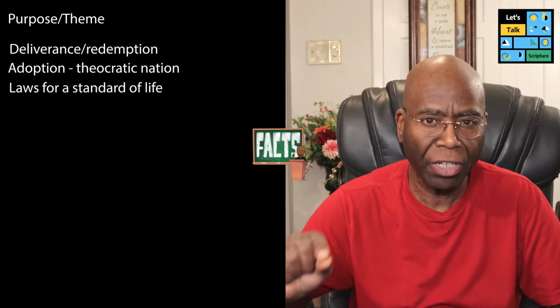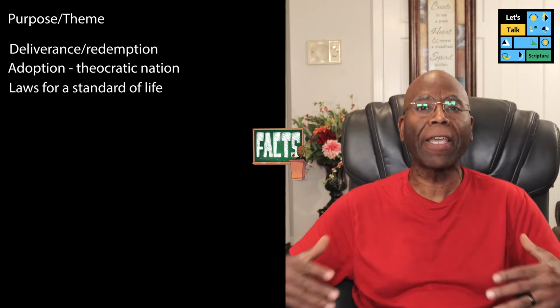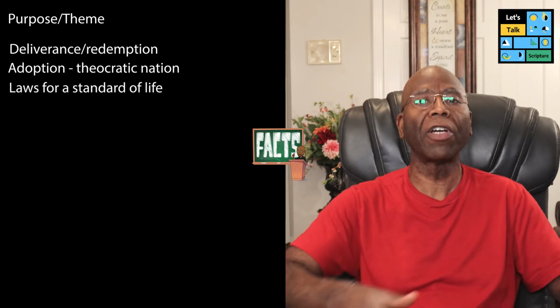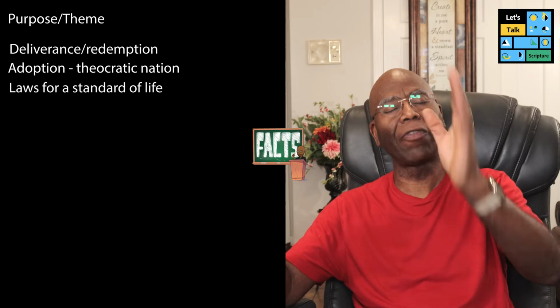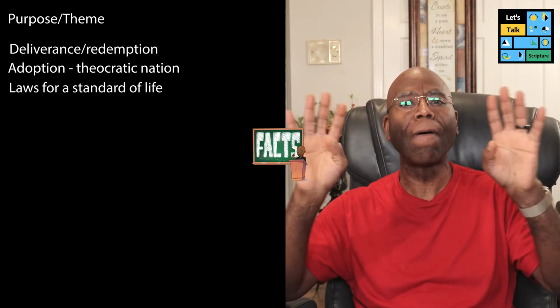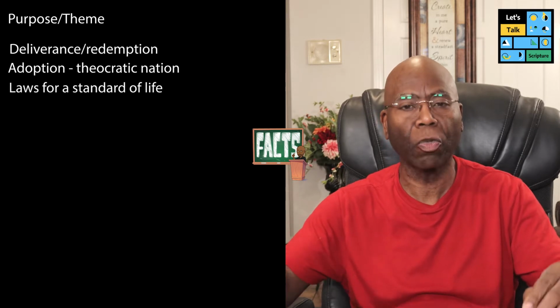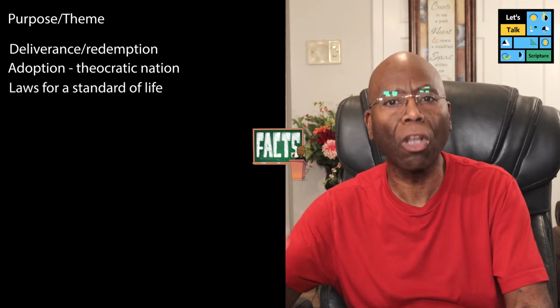The 613 commandments of the Torah. We'll see that standard of life being fully developed over Exodus, Leviticus, Numbers, and Deuteronomy. We'll see it develop over those final four books. Okay, and this will constitute what we simply call the law of Moses.